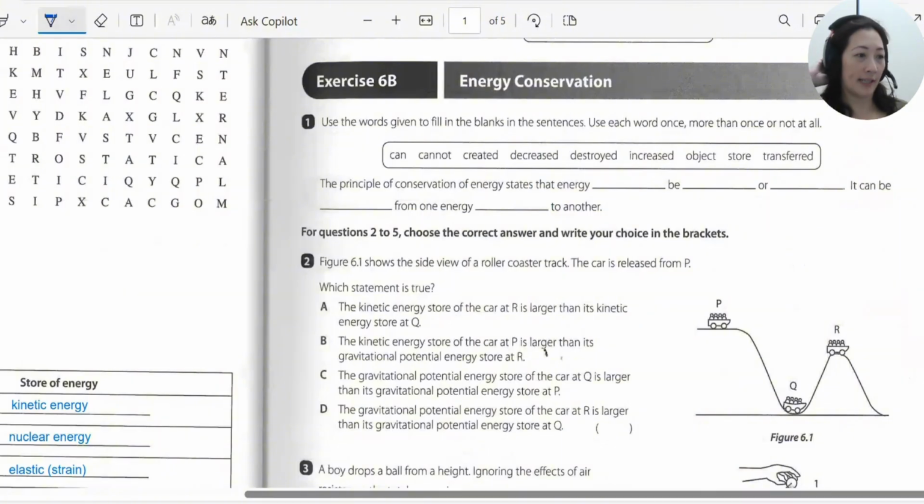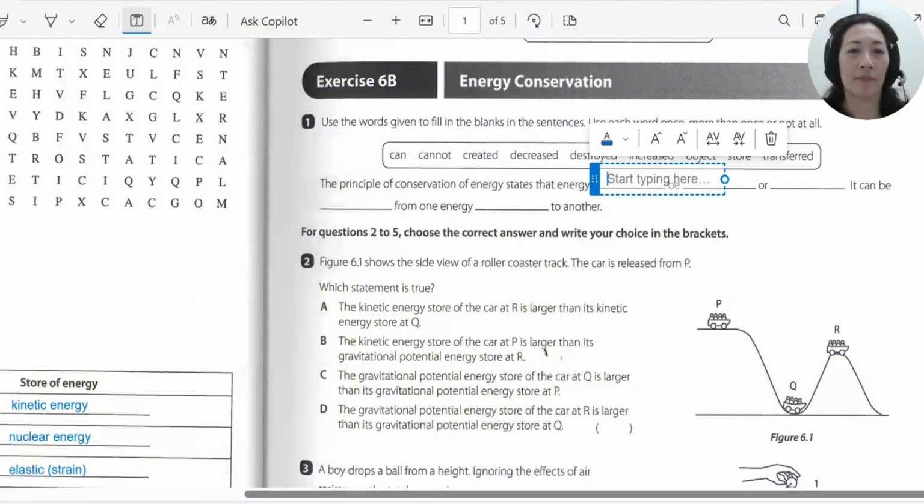For exercise 6B, use the words given to fill in the blanks in the sentences. Use each word once, more than once, or not at all. The principle of conservation of energy states that energy cannot be created or destroyed.